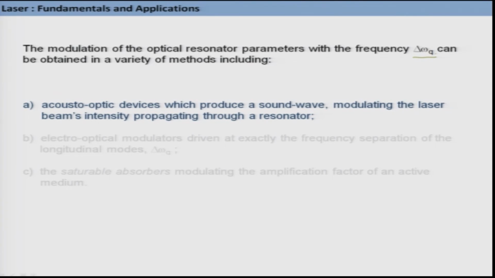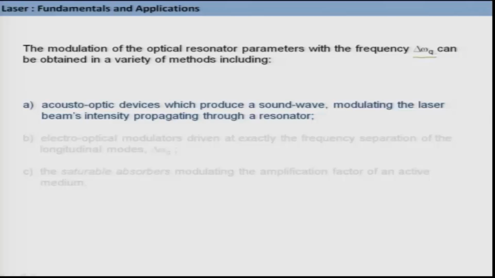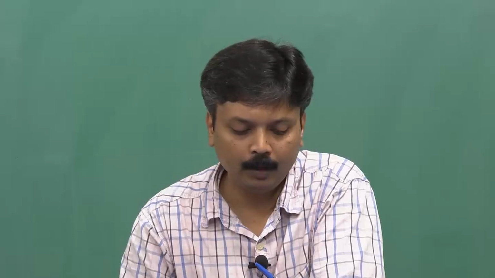For example, you can use an acousto-optic device which produces a sound wave. This is not totally new to us. We have seen in case of Q switching and cavity damping how an acousto-optic modulator is used. This acousto-optic based device can modulate the laser beam's intensity propagating through a resonator, and in that way we can achieve mode locking.